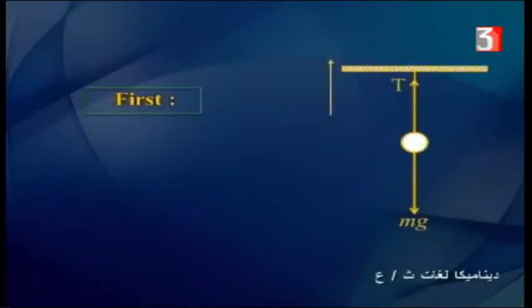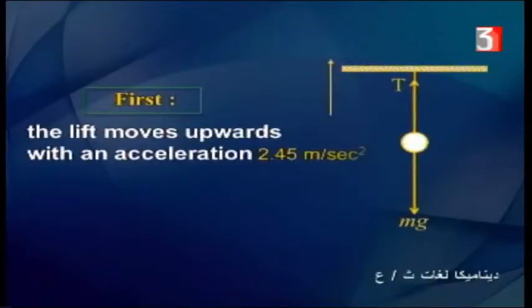First, the lift moves upwards with an acceleration of magnitude 2.45 meter per second squared. What is the equation of motion now? ma equals T minus mg, because T is in the positive direction and mg in the negative direction of motion.